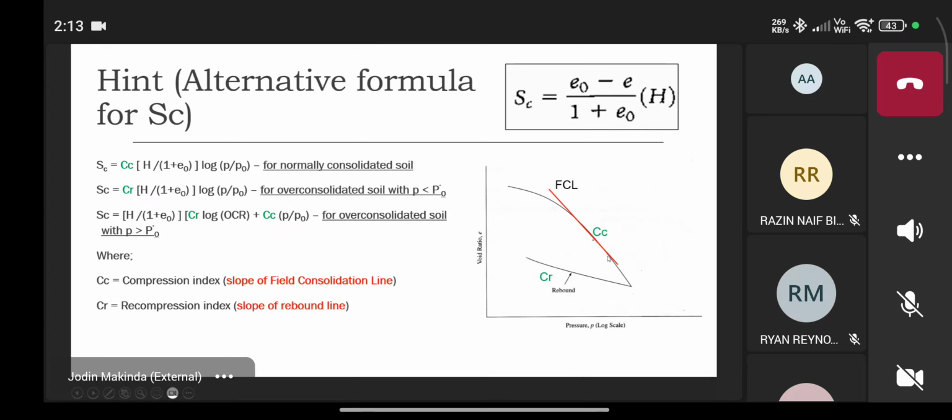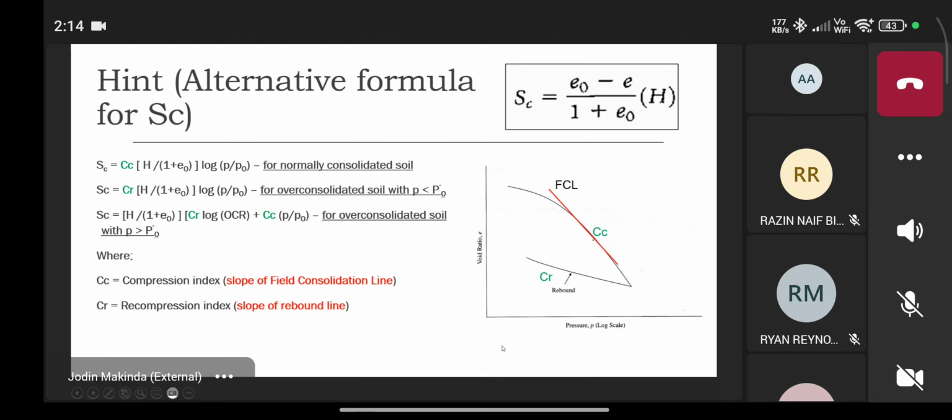So you look into your void ratio against pressure log scale graph, and you can find the slope of the consolidated soil. The slope is CC or coefficient of compression. So you can use that as an alternative formula.